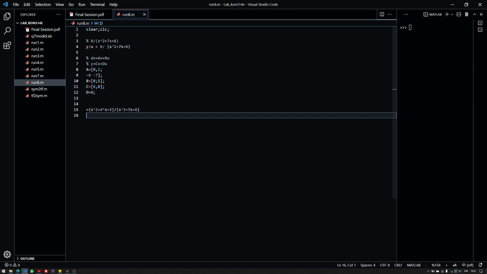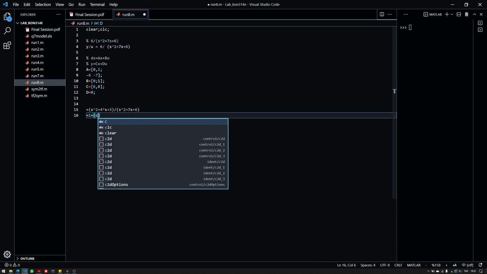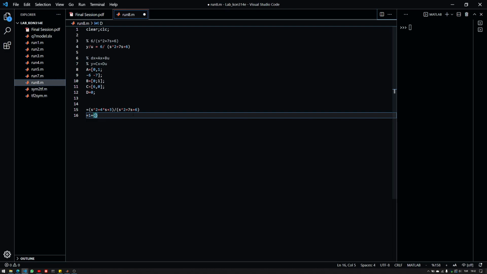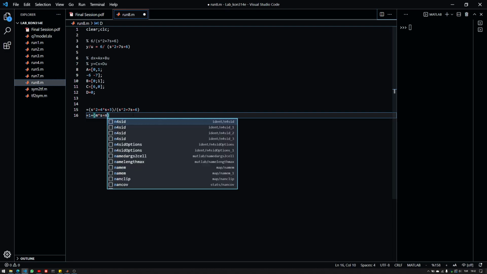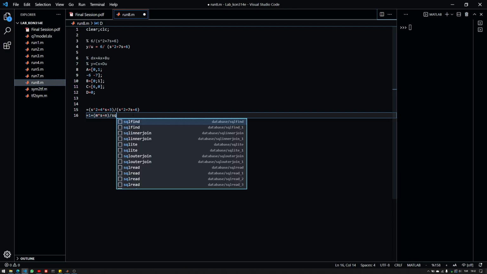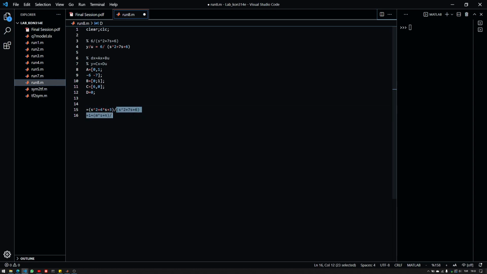We would just have to come up with a constant ratio between s squared plus 4s plus 3 and s squared plus 7s plus 6, which is obviously 1. So I can transform this into, let's say, ms plus n divided by the denominator here.